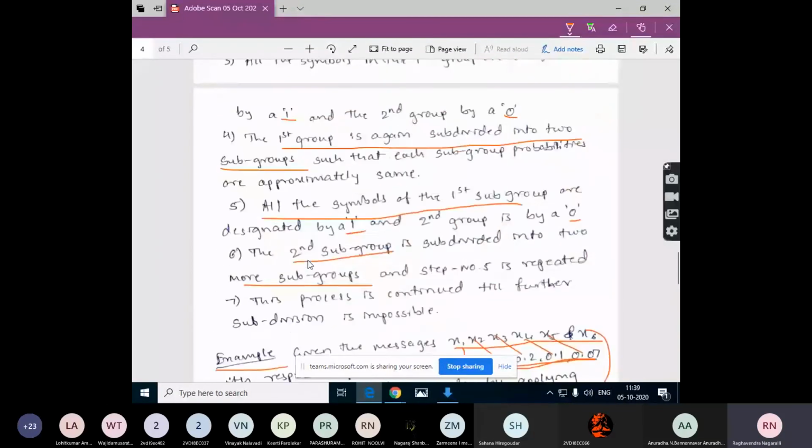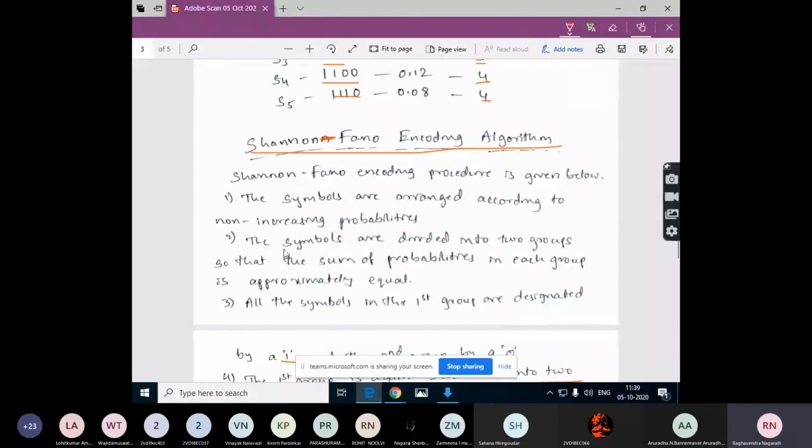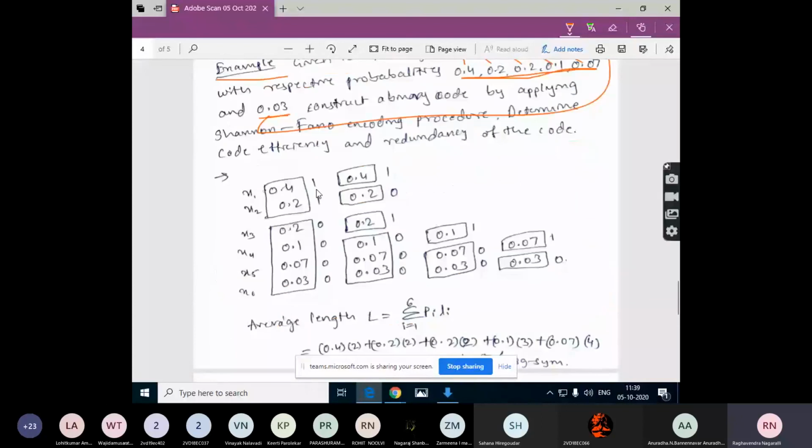What is the next step? Second step, we divide into two groups such that the sum of probabilities in each group is approximately equal. What is the sum of this group?